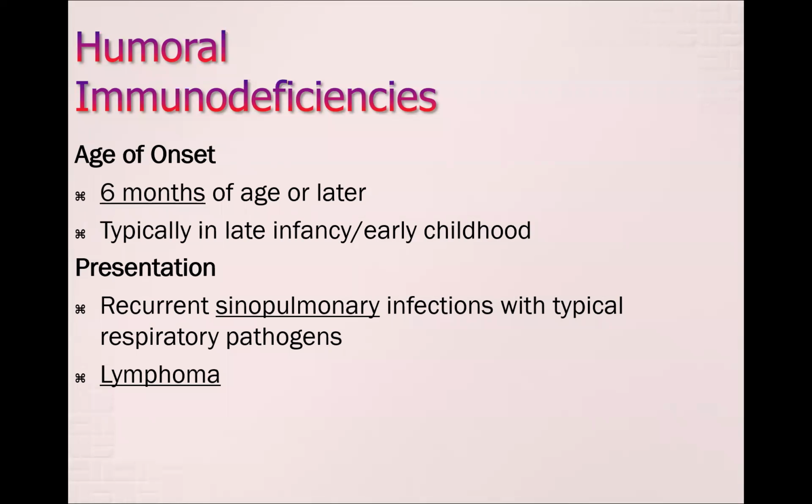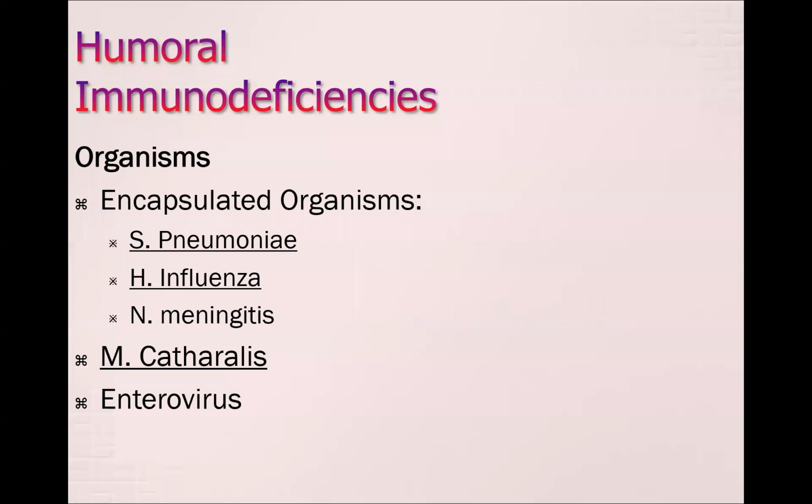So it can be a little bit of a problem in terms of differentiating that out. Here are the organisms, like I said, typical respiratory pathogens, so strep pneumo, H. influenza, MCAT, and enterovirus, typically are the organisms that we'll see.